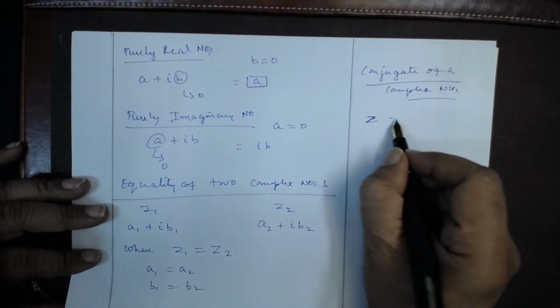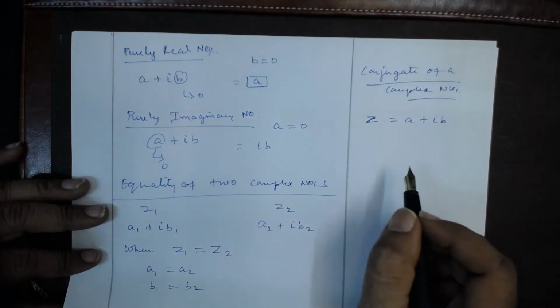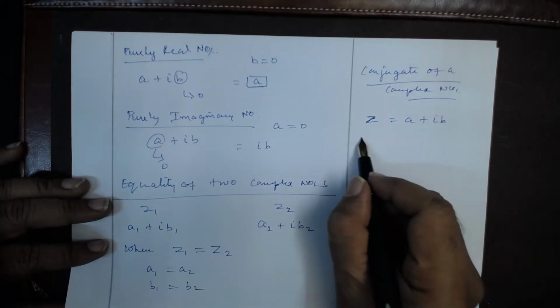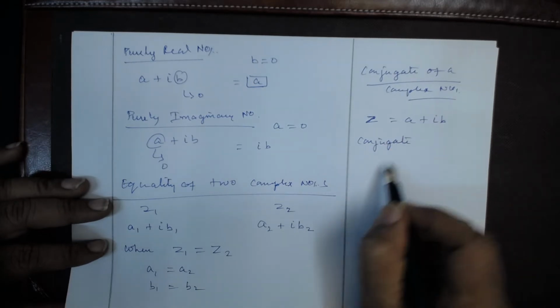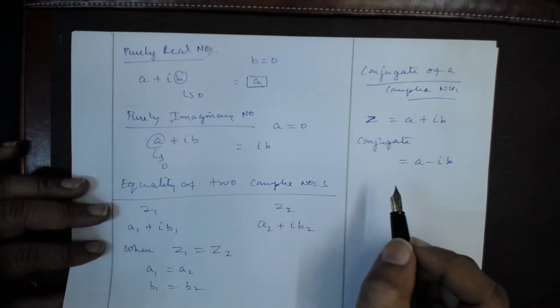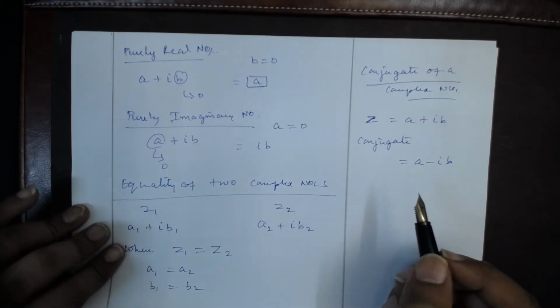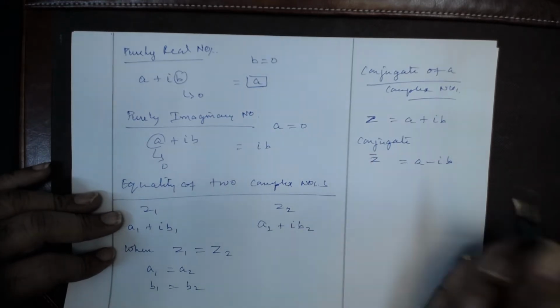Z is equal to A plus IB. And what is the conjugate of this complex number? This conjugate is A minus IB. Okay, and it's represented as Z bar.